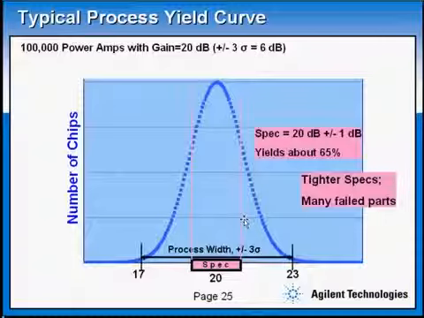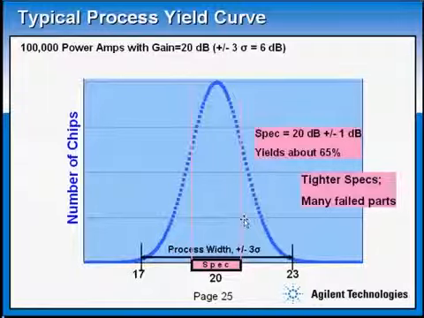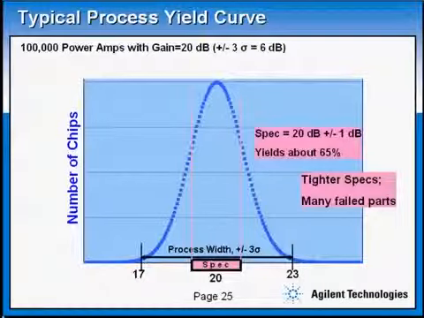So what do I do to my design to make it meet the specs with much higher yield, like 100% yield? What do I do with this amplifier? I cannot change my specs. The specs are 19 to 21 dB right here. What can I do to this curve to make it become much higher yield with this spec?